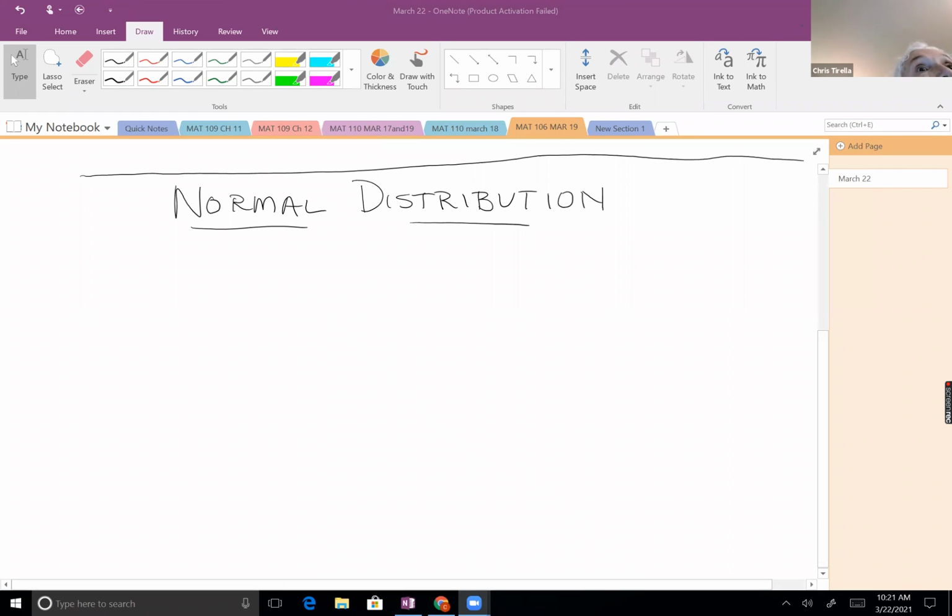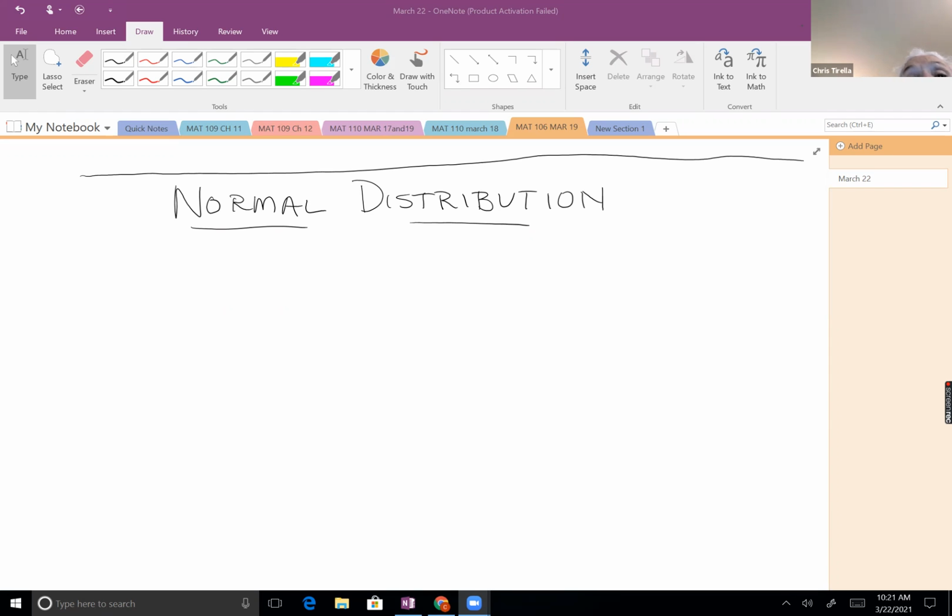Because it happens normally. A lot of data fits the normal distribution. A lot of things in life fit the normal distribution. Because so much behaves this way, it's the foundations for much of what you would do in a statistics class.